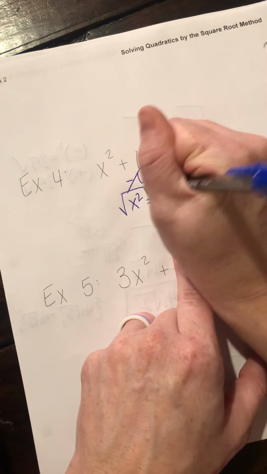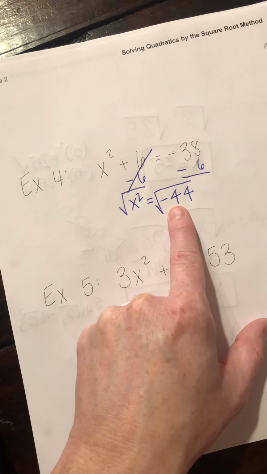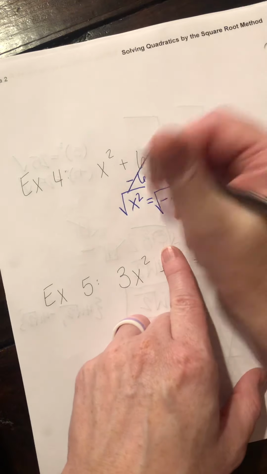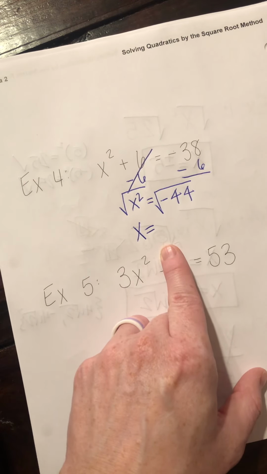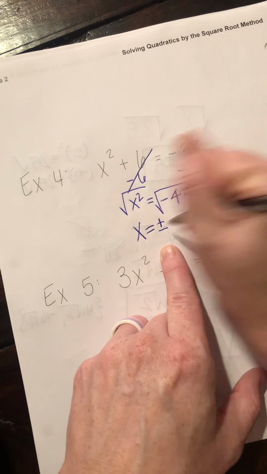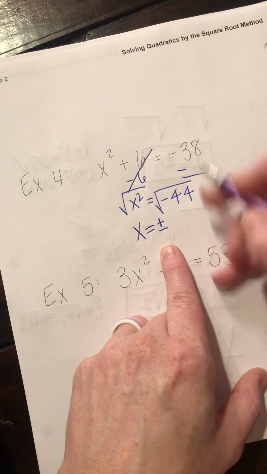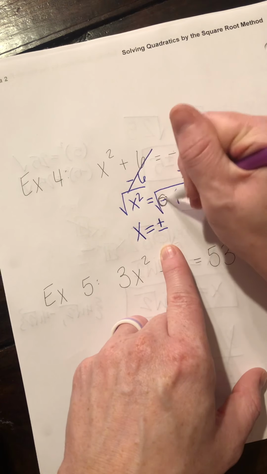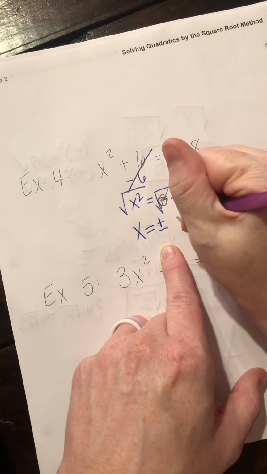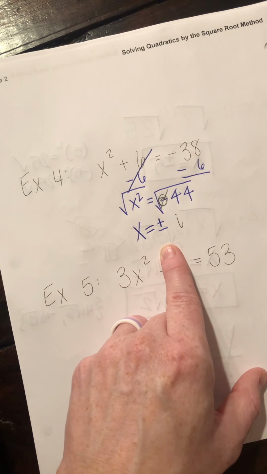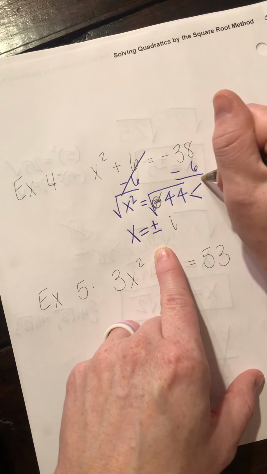And I'm going to take the square root of both sides. Even though that's a negative, we can simplify that. So on the left side, I get x, and I'm going to go ahead and do my plus or minus. Right here, this negative under the radical, when I take it out, what is it going to turn into? It's going to turn into an i. And then I'm going to take the 44 and break it up.